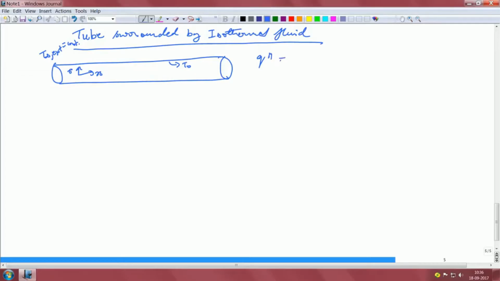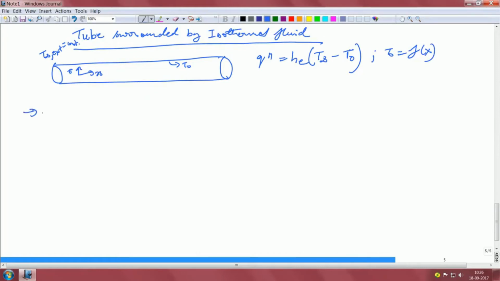Here q double prime is given by some external convection coefficient h_e times T infinity minus T naught, where T naught will be a function of x in this case. Neither is q double prime a constant.